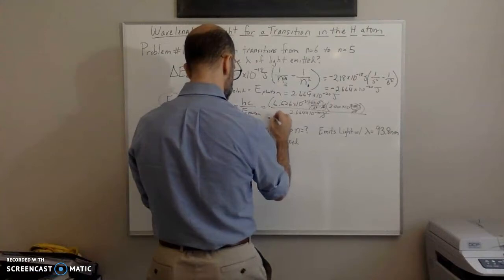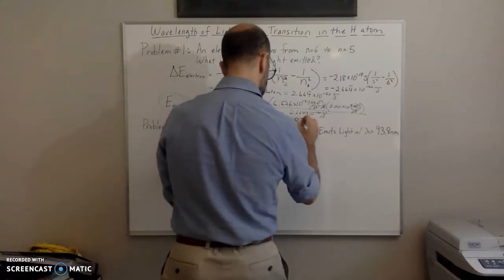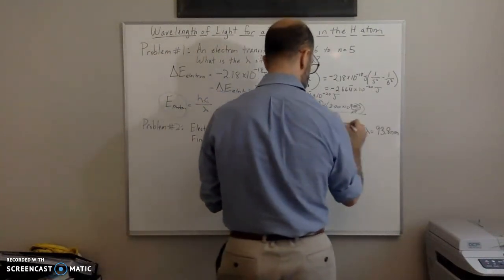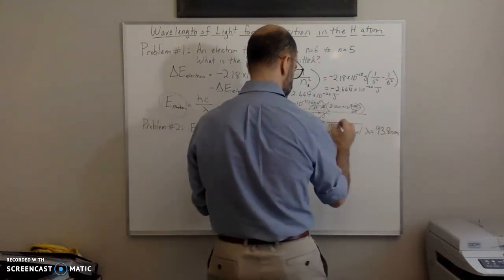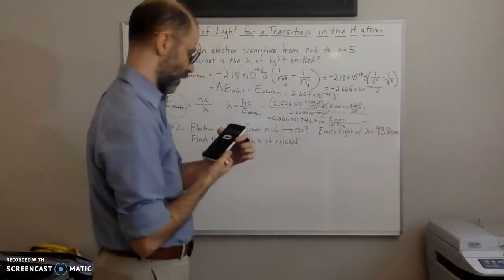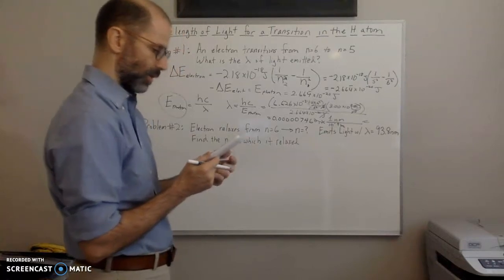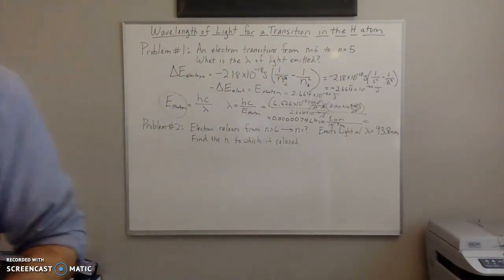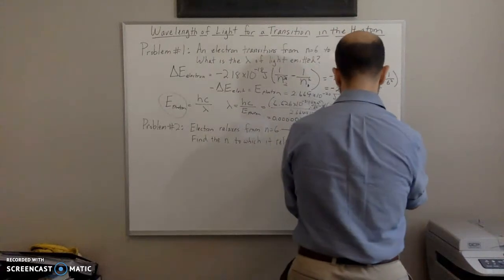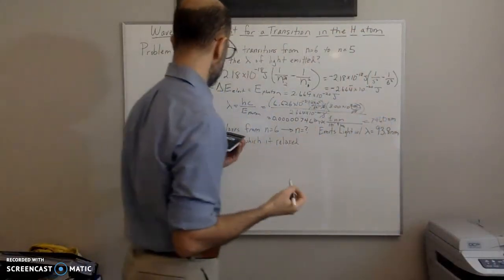This is in meters, and if we convert this to nanometers, it'll be 10 to the negative 9 meters over 1 nanometer. Meters cancel out, and if we divide by 1 times 10 to the negative 9, that's going to give us 7,460 nanometers.